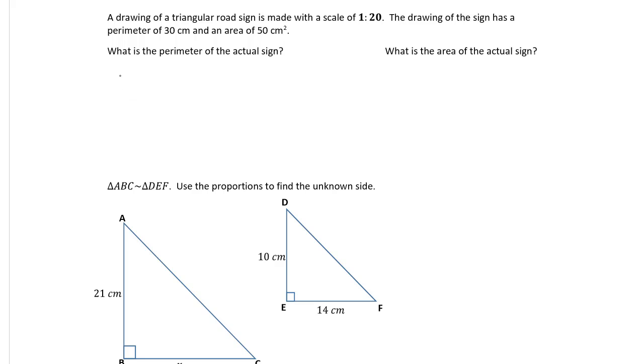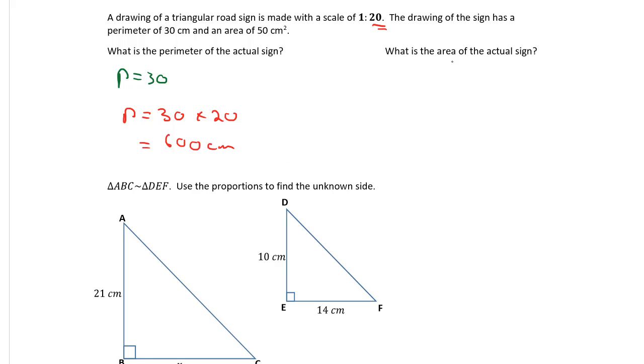So since the smaller triangle has a perimeter equal to 30, then the larger triangle is going to have a perimeter equal to 30 times that scale factor, and that scale factor is 20. When we multiply this out, we end up getting 600, and the units we're using here are centimeters.